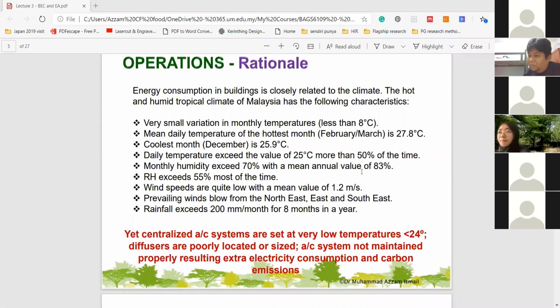So quite predictable. It's not that we have winter or summer or autumn and spring. But at least it's easier to predict. And at the same time, because we are located very close to the equator, the sun is almost directly above our head all the time.